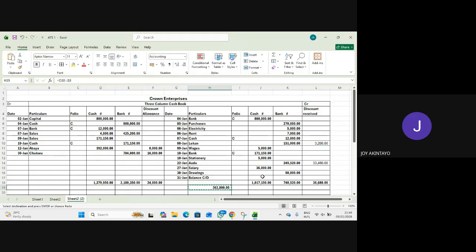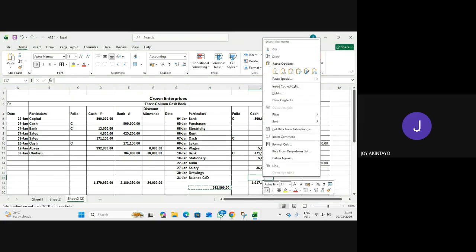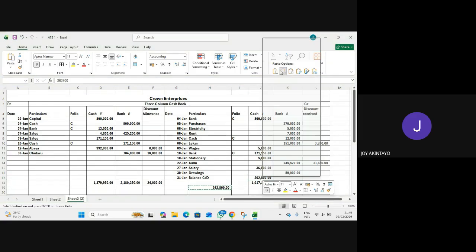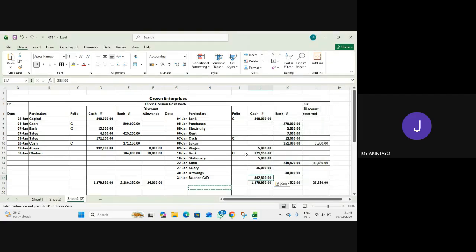The difference, which is this one, is 362,800. Next. This one is what? So we have 1,439,000 and 39,830.